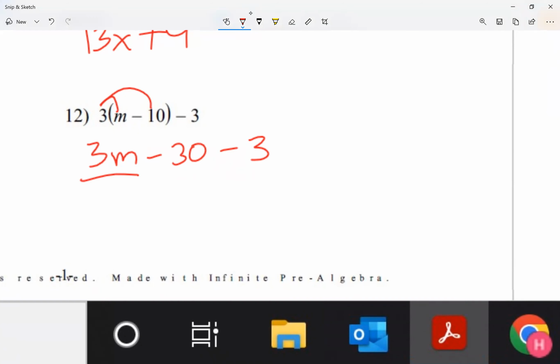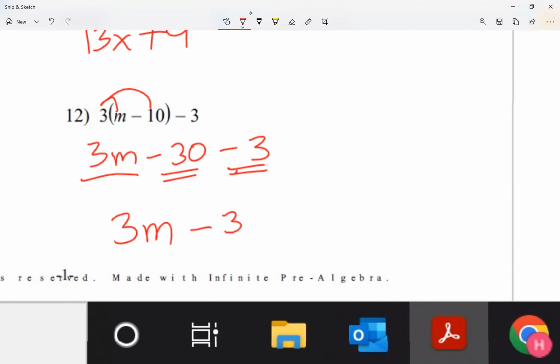I only have a positive 3m. So just write 3m. When it comes to terms that don't have a variable, I see negative 30 and a negative 3. They're both negative, so they have the same sign. So I'm just going to add the numbers and keep the sign. So my answer will be negative 33. So 3m minus 33.